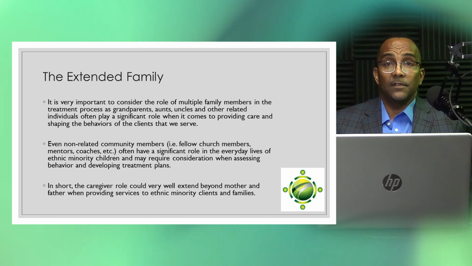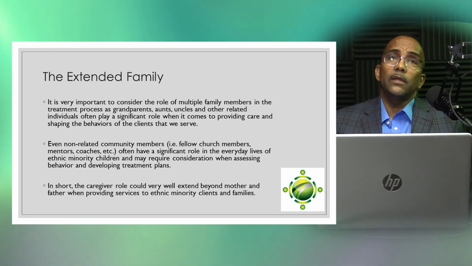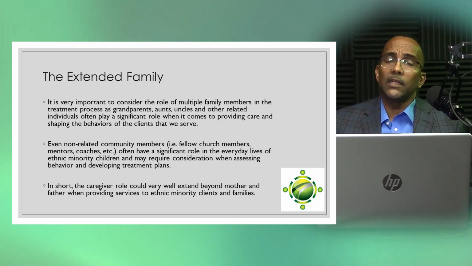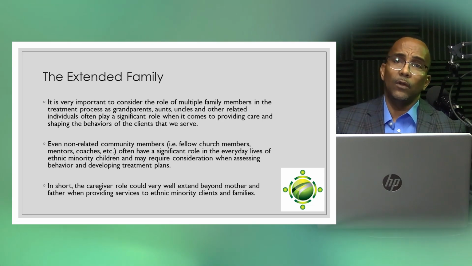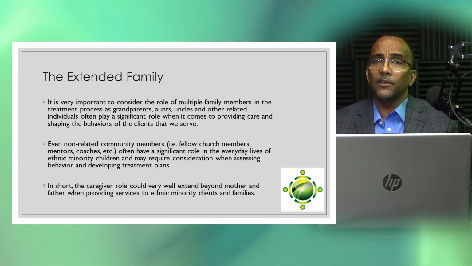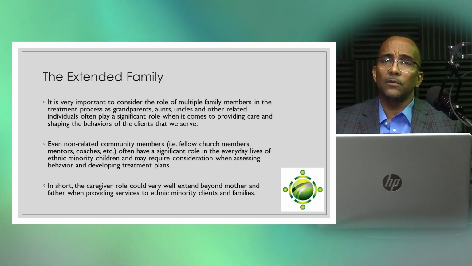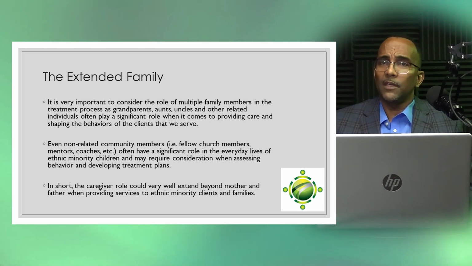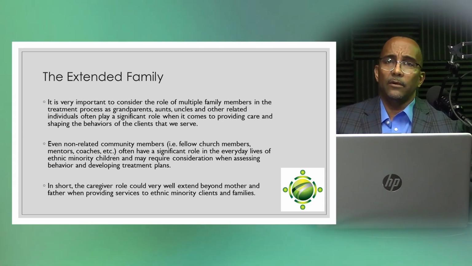Maybe these relatives live in the home. We can make a huge mistake in discounting these individuals and focusing only on the biological parents, because they can be very influential in terms of shaping behavior and what's being taught. So they have to be a part of our treatment plan. We'll talk about that a little bit more in a moment.